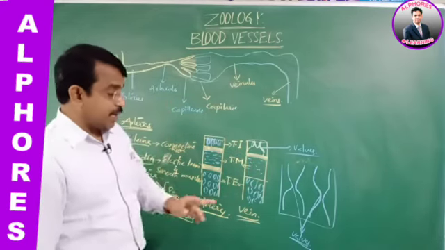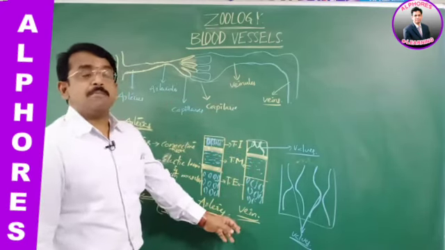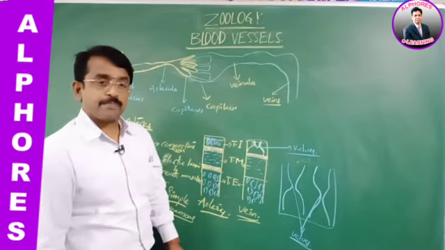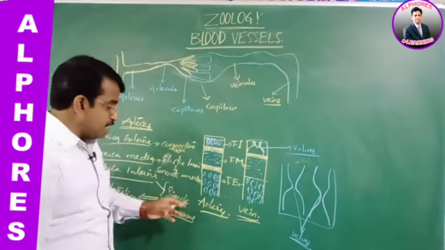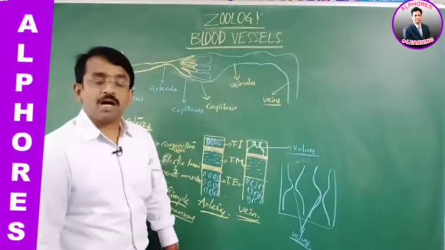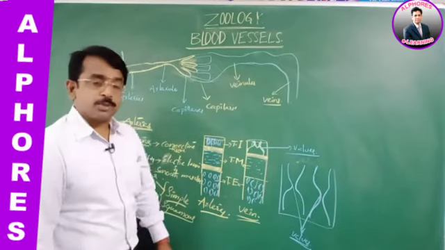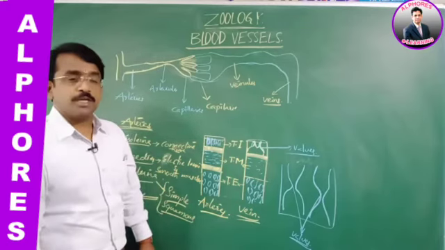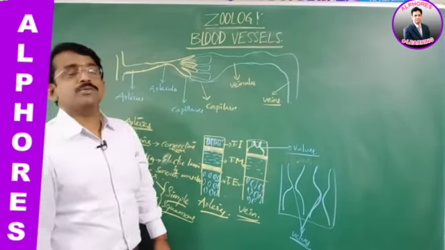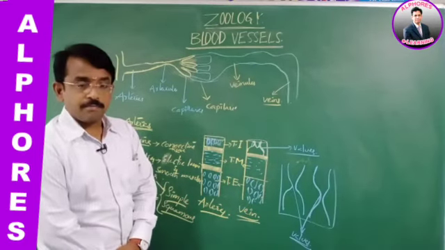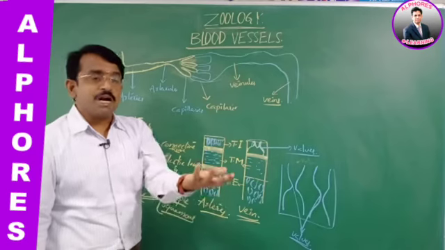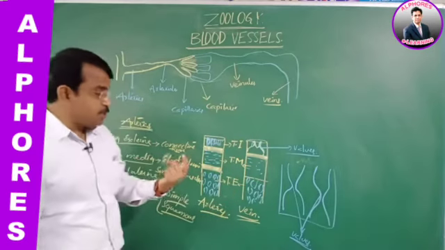That's the reason why in veins the backward flow of the blood is prevented, whereas arteries are without valves. An artery is a blood vessel which carries blood from the heart to different parts, whereas veins carry blood from different parts into the heart.